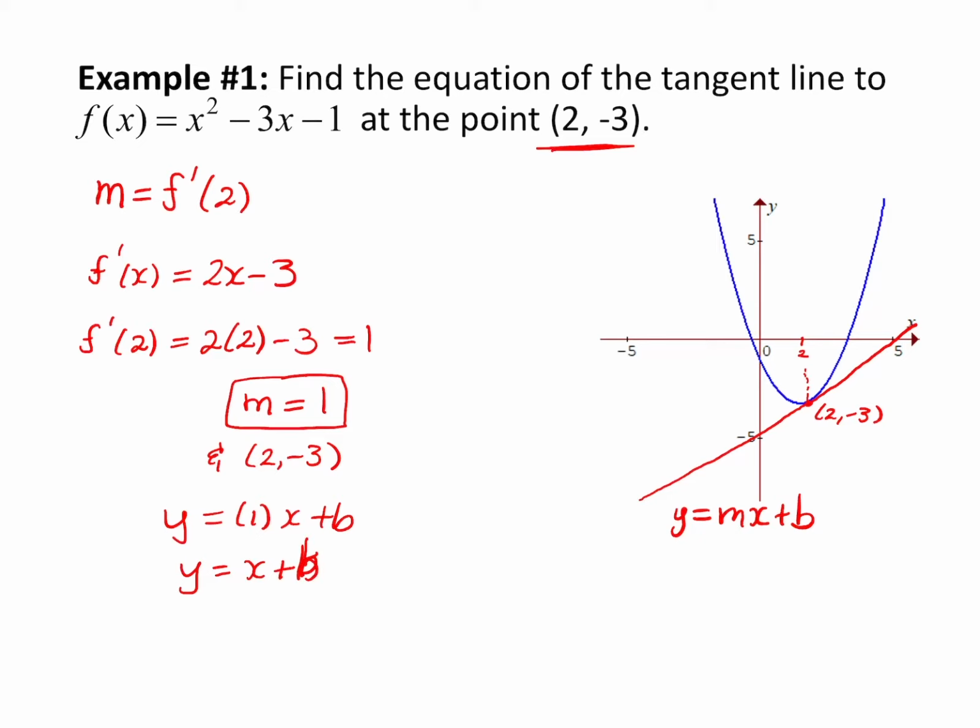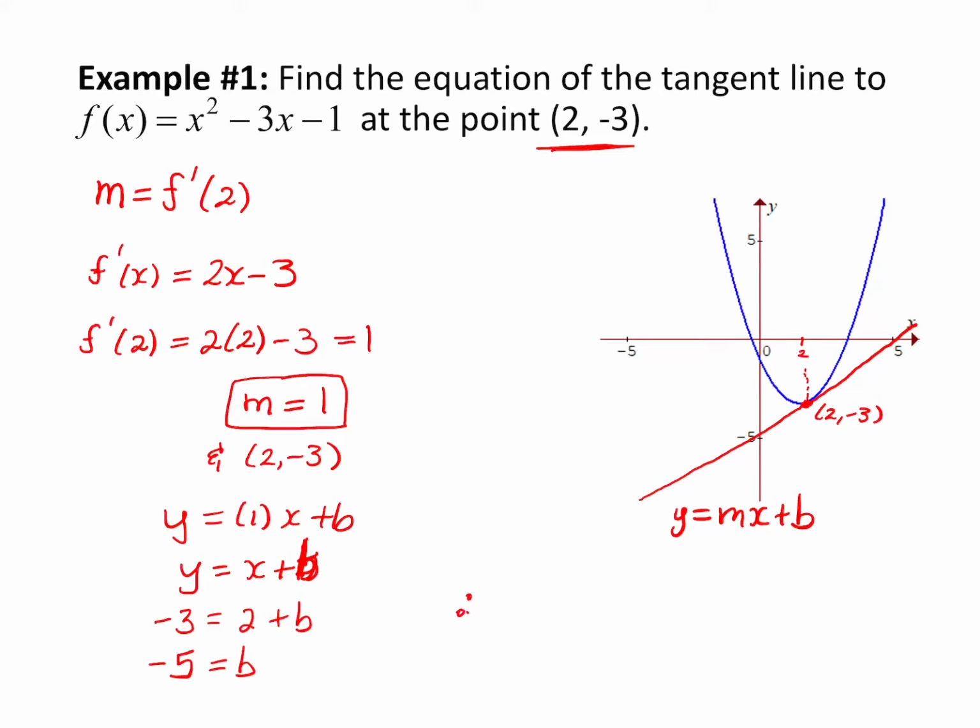Now if it passes through the point (2, -3), then this equation has to be true for x equals 2 and y equals -3. So we can substitute in our x and y values from the point we're passing through. So -3 equals 2 plus b. If we rearrange this, subtracting the 2 from both sides, we get b equals -5.